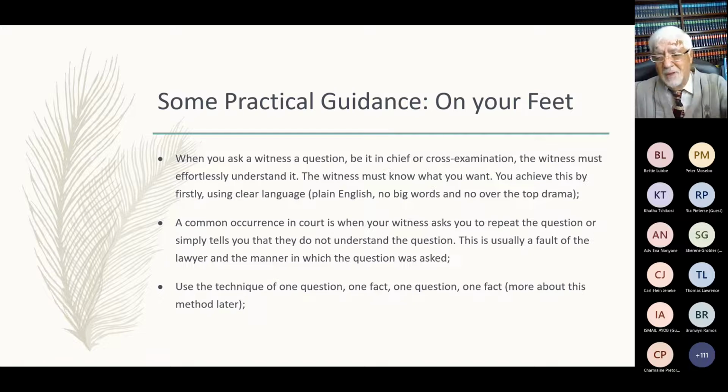Or I'm not sure what you said. Can you repeat the question? That is terrible. It looks very bad. Because what happens is your witness now starts creating the impression that they're being evasive about something. Your opponent will certainly take it as evasiveness and will try and nail you in cross-examination.